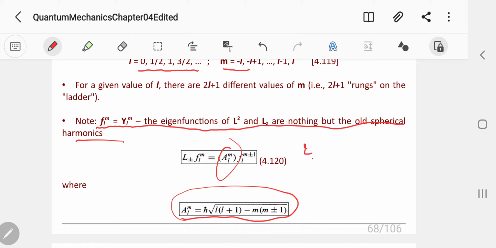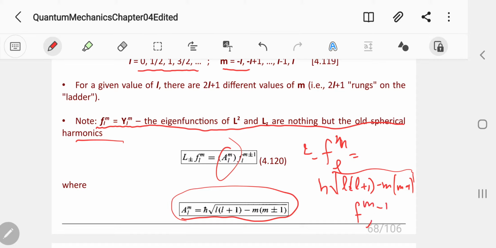If you have a lowering operator acting on f_lm, it will give you ħ times the square root of L times L plus 1 minus m times m minus 1, times f_l,m minus 1.